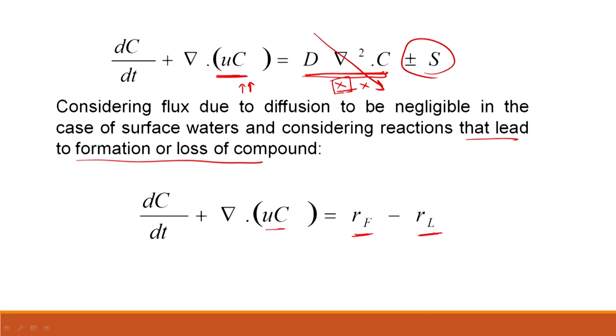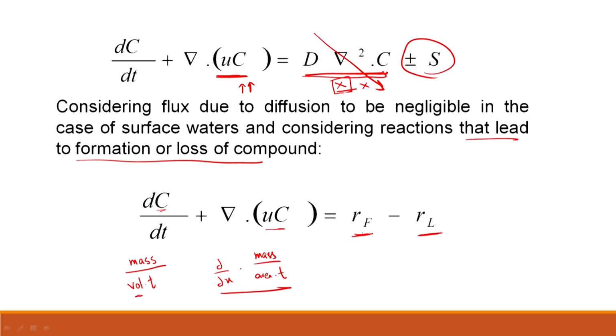Again, what are the units of each particular term here? Concentration is mass per volume, and here we have time. Flux is mass per area per time. Again, del product is with respect to any dimension, dou by dou x, so that is where you get the volume here.